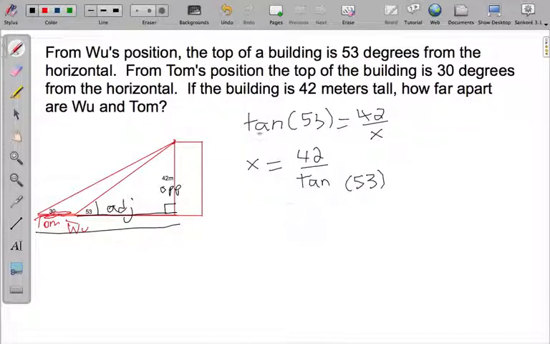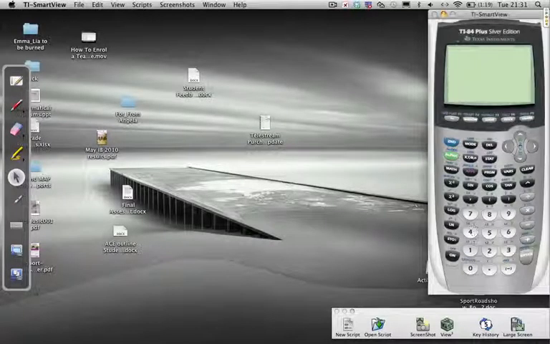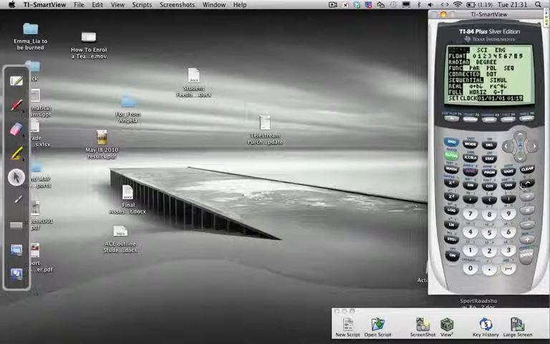Okay, so I'll grab my calculator. 42 over tan 53. 42 divided by tan 53, and make sure that I am in degree mode.